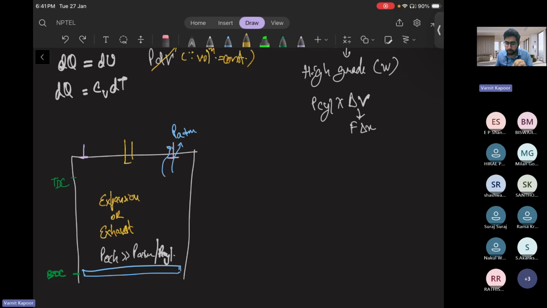Still 10% will remain. But what you observe is that the gas carries heat, and that is a low grade form of energy. At that instant itself, the heat is being rejected out of the system at constant volume. So here the volume will remain constant.